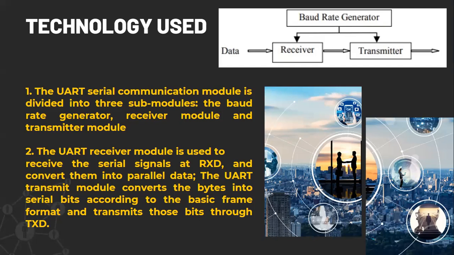The UART receiver module is used to receive the serial signal at RXD and convert it into parallel data. The UART transmit module converts the bytes into serial bits according to the basic frame format and transmits those bits through TXD. Next slide.